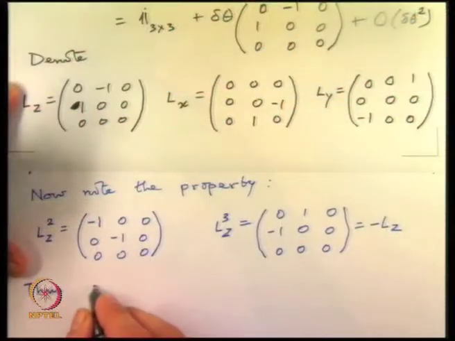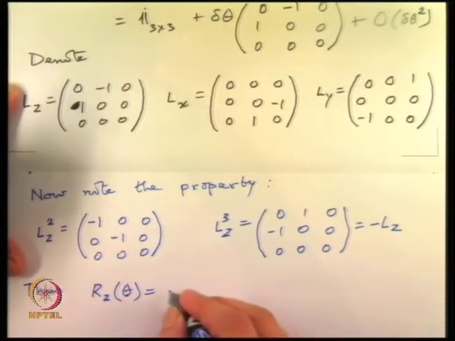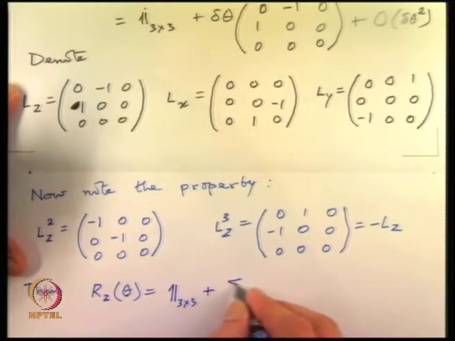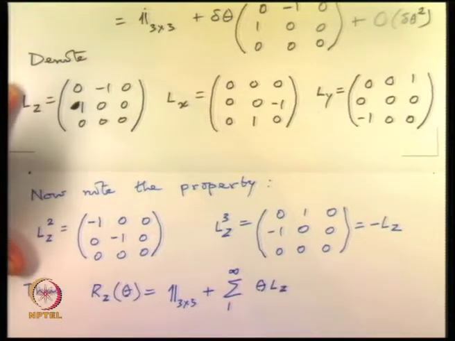So Rz theta is actually equal to 1 plus the sum of theta times Lz to the n, and minus 1 to the, so theta times Lz to the n over n factorial.